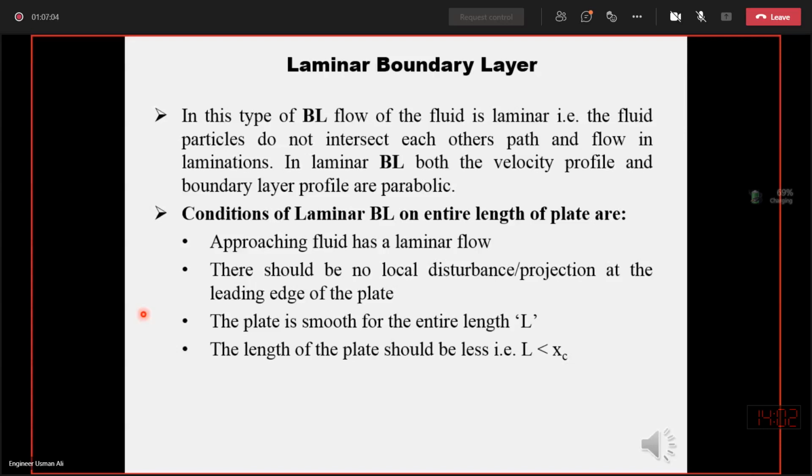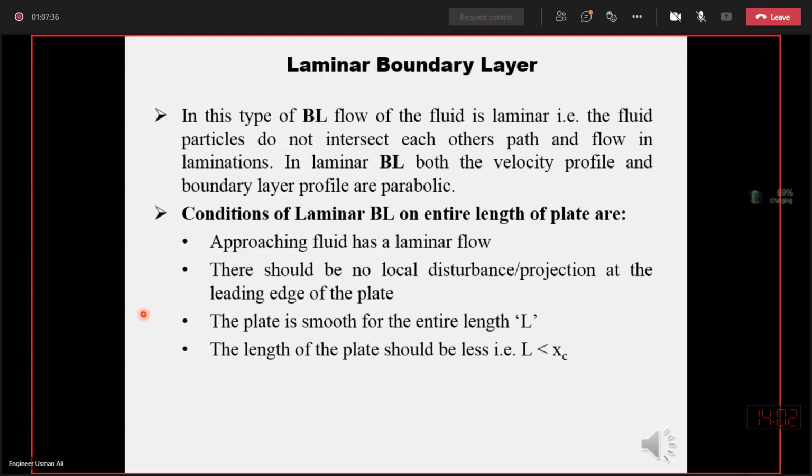So if we have some raised projection, some roughness present at the leading edge of the plate, that will change the laminar boundary layer to turbulent boundary layer. So in that case, we will not have any laminar boundary layer, it will be turbulent boundary layer. So at the leading edge, we should not have any local projection or roughness. Number three, the plate is smooth for the entire length. So for the entire length of the plate, there should not be any roughness between the leading edge and the trailing edge.